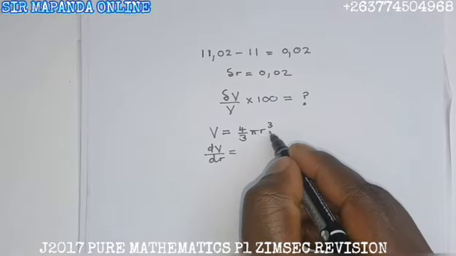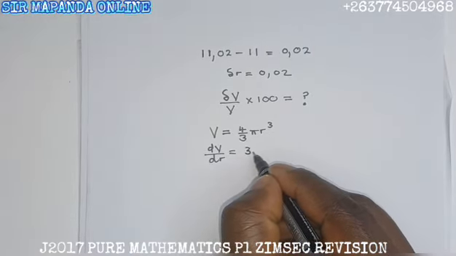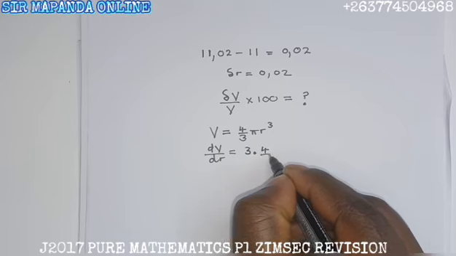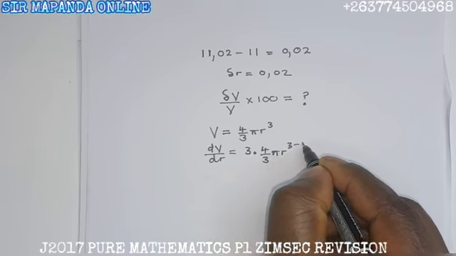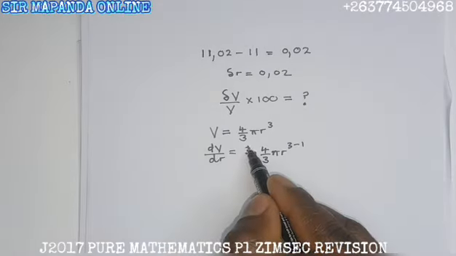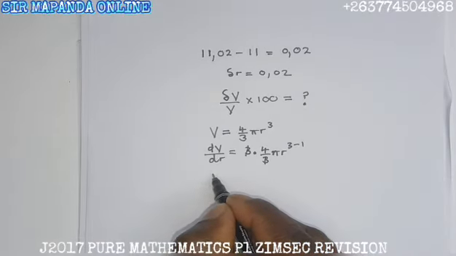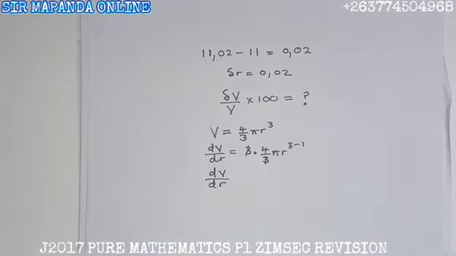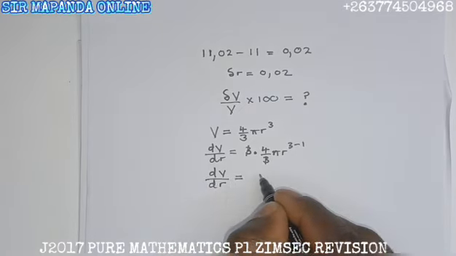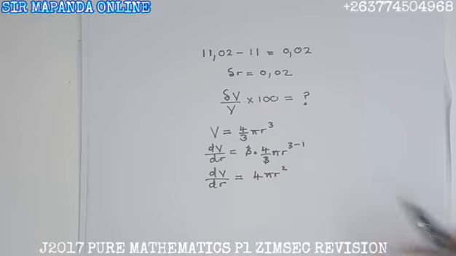You are saying 3, the power, is going to multiply 4 over 3 pi. Then you less 3 with 1. 3 and 3, they cancel off each other. So you get dV over dr is equal to 4 pi r squared. I hope you are following.